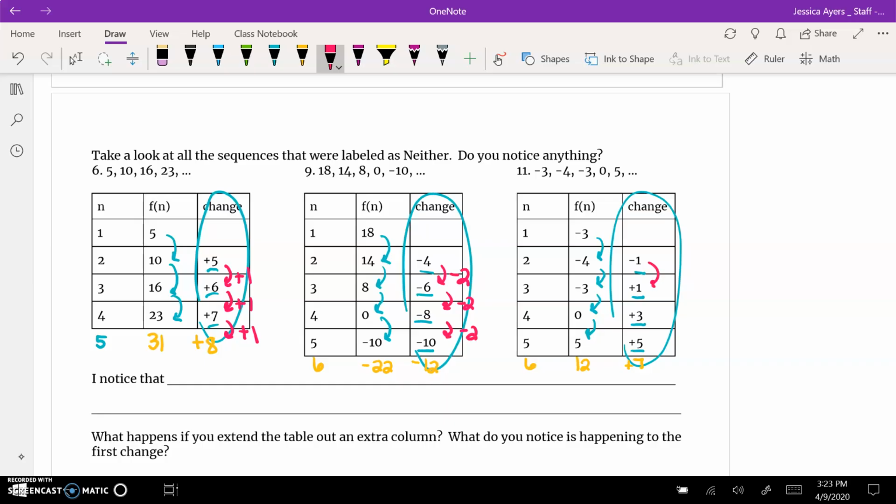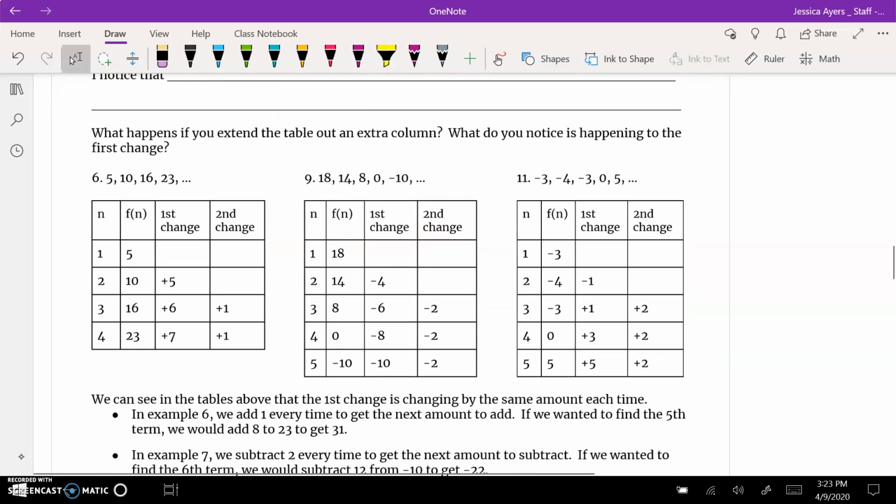And in number 11, we're adding 2 to what we add each time. So we notice that the second difference, or the second change, is constant. And that's shown down here. We're adding the same amount to the amount of change.